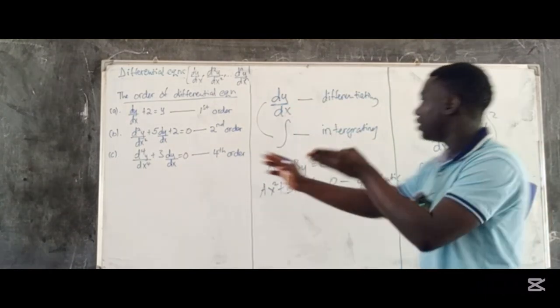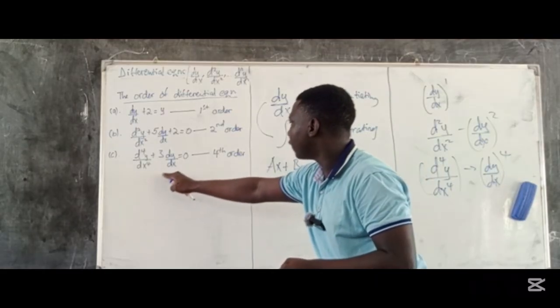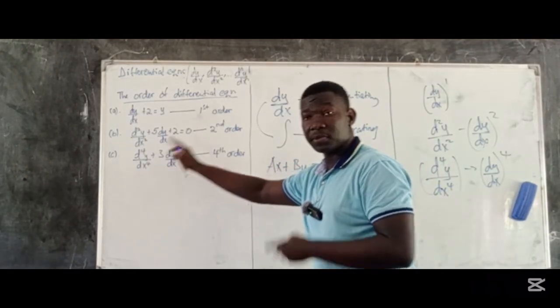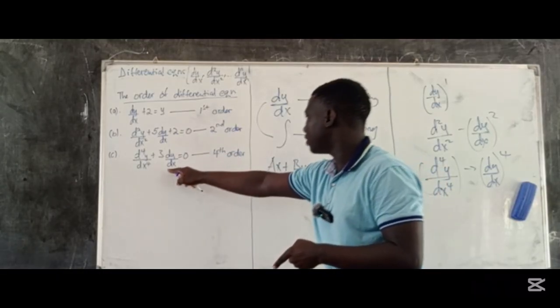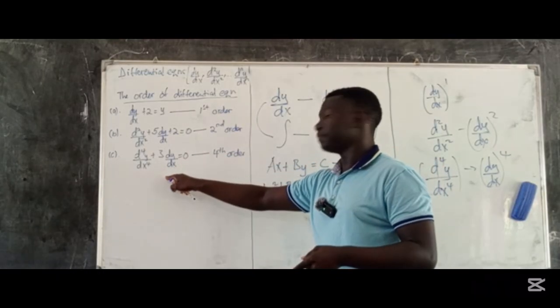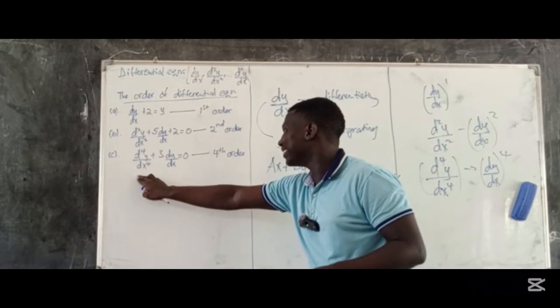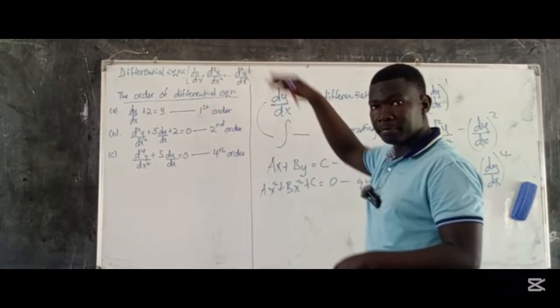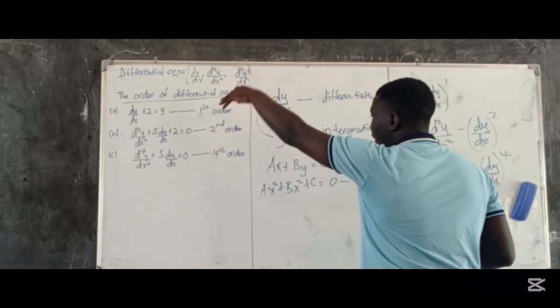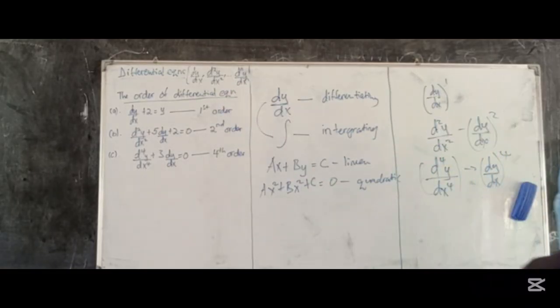For example, in an equation like this, we have dy/dx and d^4y/dx^4. Why are we not considering dy/dx as the order of the equation? Well, it's not the highest. We still have this one, so we are taking the d^4y/dx^4. So the order of the equation will be 4.